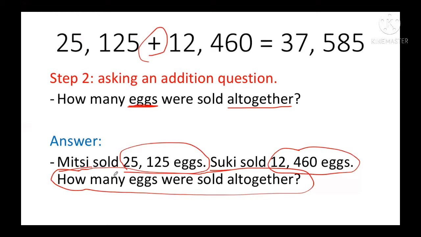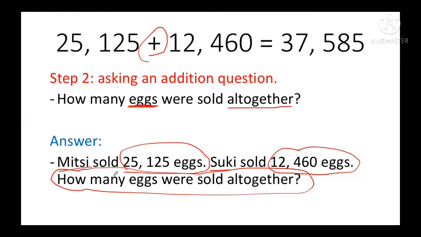Again, in step 1, you need to think of the name of a thing. It's up to you if you want apples, ice cream, oranges, cell phones, pillows, or eggs. And then for step 2, you need to create the question. So, how many eggs were sold altogether?